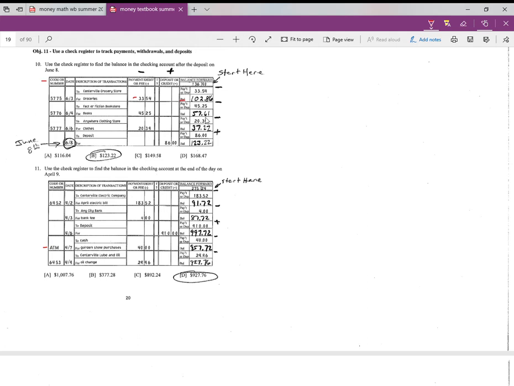You take the previous balance, $57.61 minus $20.39, and now they're down to $37.22 in the bank. And then the final one, on June 8th, they deposited, meaning put in the bank, $86. So that's a plus. You take the balance, $37.22 plus 86, and there's the new balance of $123.22.